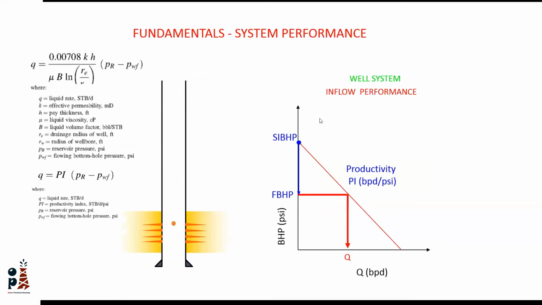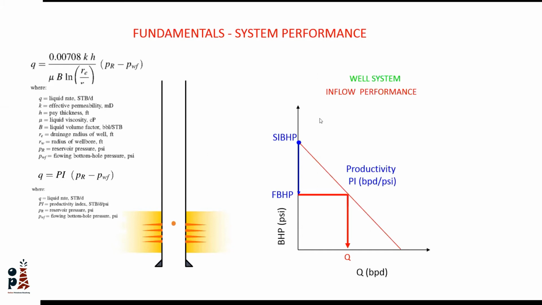The reservoir performance will mainly depend on the fluid properties, which is mainly the viscosity and Bo, the formation volume factor for the oil, and the rock properties. The rock properties will be mainly about the permeability and the height of the reservoir.